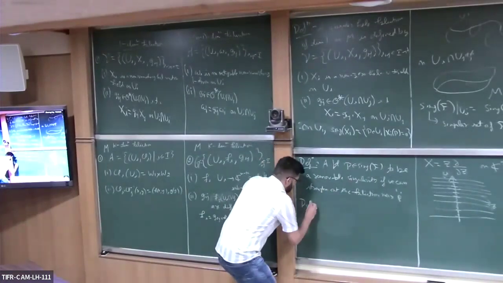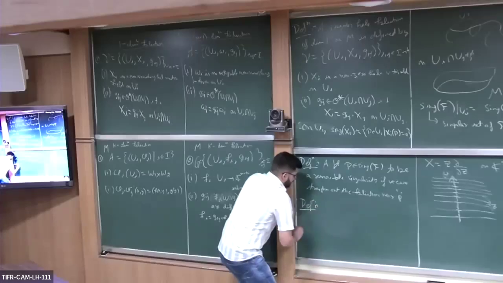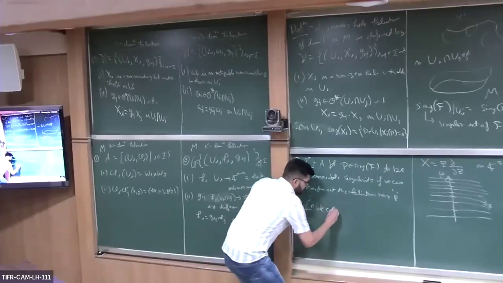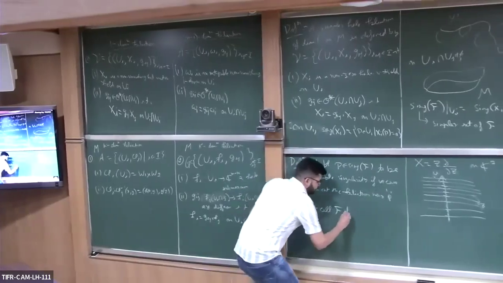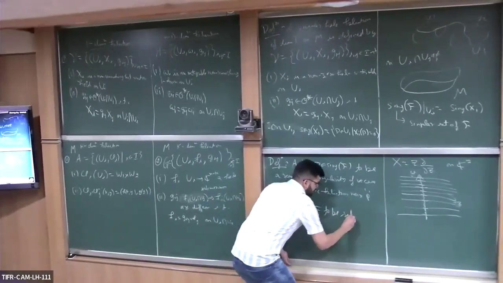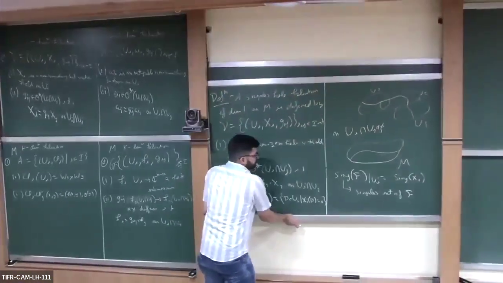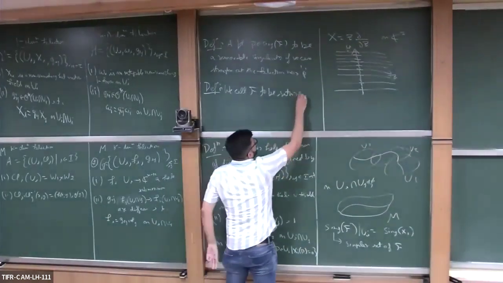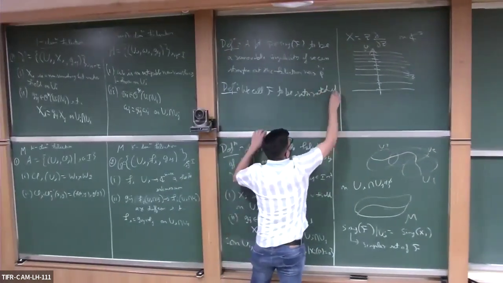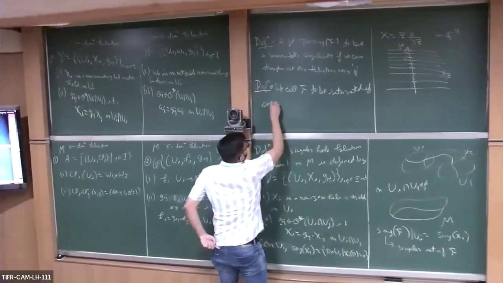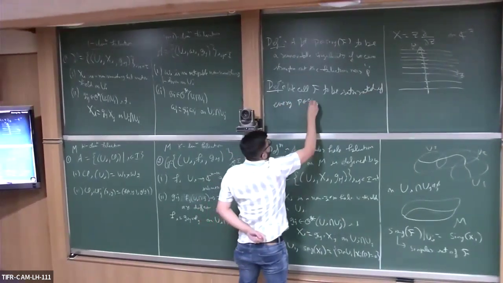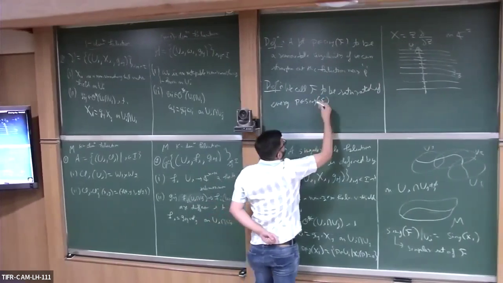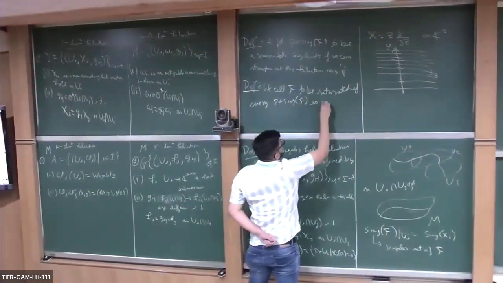Now we call F saturated if every singular point of the foliation is non-removable.